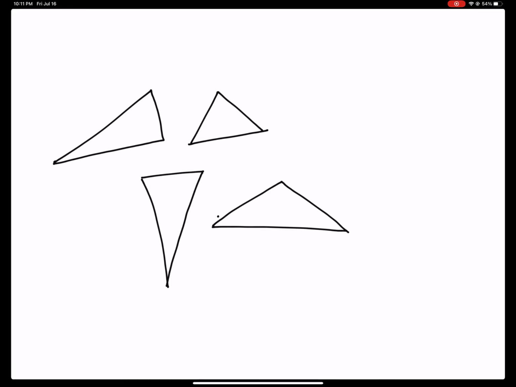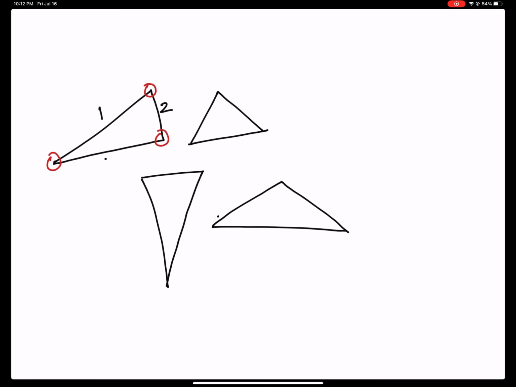That is one attribute. All the shapes have 3 sides. That is also an attribute. And all the shapes here have 3 angles. That is also an attribute.